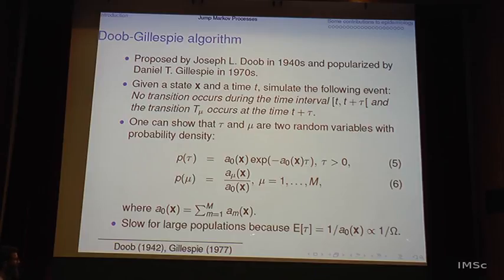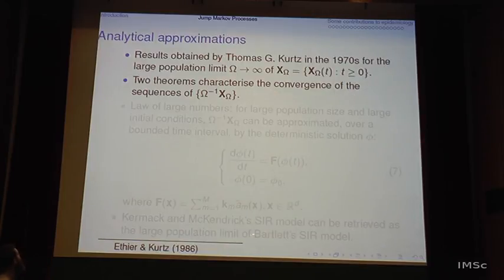The thing is that as the population gets larger, you may expect that the stochastic effects will be weaker. So it might be more interesting to use what we call an approximation. And analytical approximations were also defined in the 70s by Thomas Kurtz. The first result is a large population limit of the stochastic process.